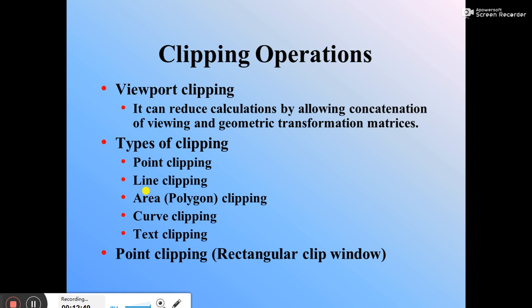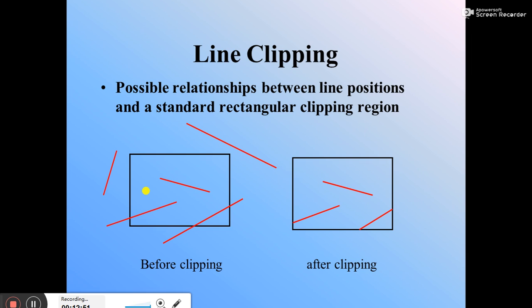And here you can see, in the case of line clipping, this is the before-clipping scenario. This is the world coordinate or world view, and this is the window, and we can clip in the viewport to reduce the operation or the calculation. So in the viewport we are clipping the lines.